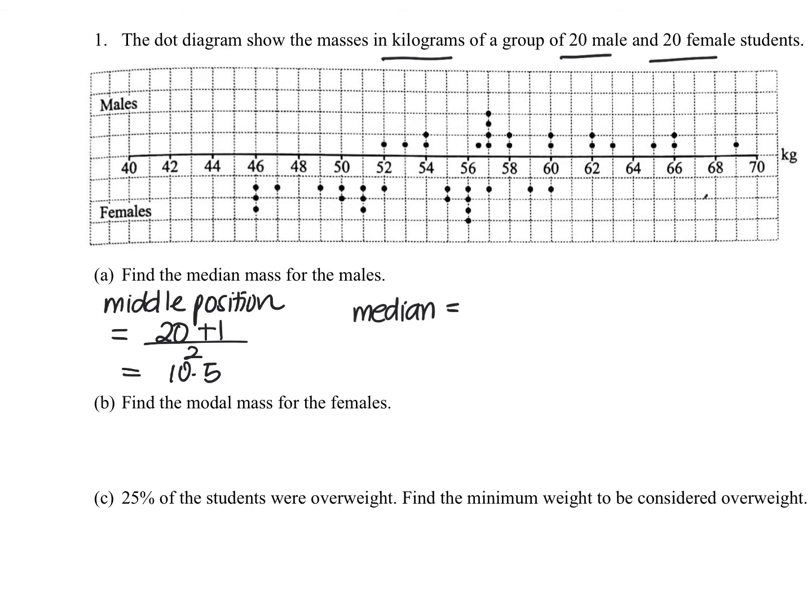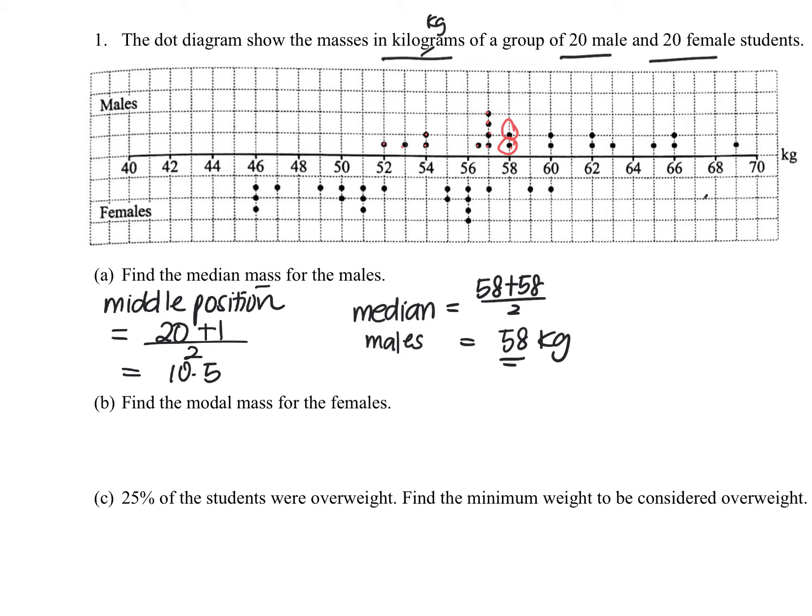So counting from the smallest data, 1, 2, 3, 4, 5, 6, 7, 8, 9, 10 is 58. The 11th value is also 58. So it means this is 58 plus 58 divided by 2. Still we get 58. This is talking about masses, so the unit is kilogram, kg. So we have 58 kg for the median of males.